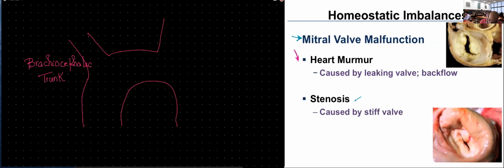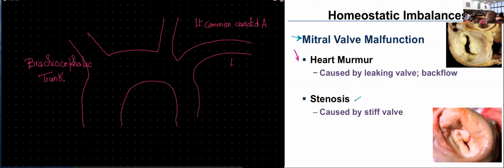Next is going to be the common carotid on the left side. This is my left common carotid artery. And the next branch is going to be the left subclavian artery.